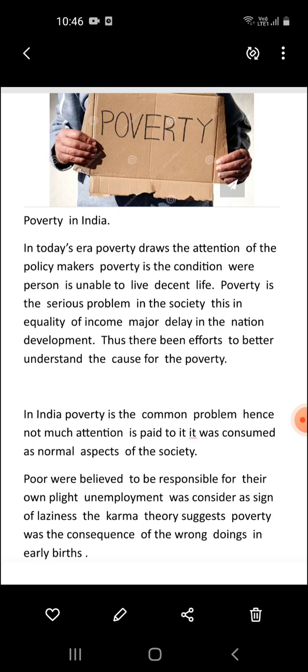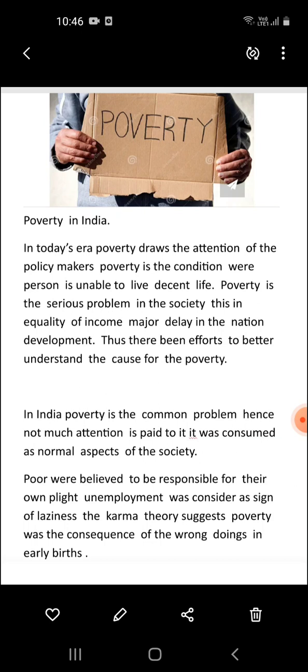What is this poverty line? According to the income earned by a person, we can analyze whether the person is living above the poverty line or below the poverty line. So if a person earns less than 1 lakh, he is living below the poverty line. If a person earns 1 lakh, he is living above the poverty line.